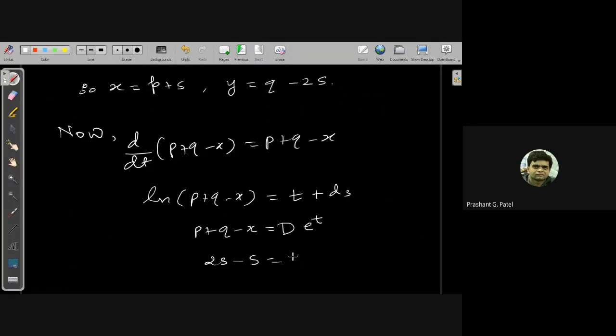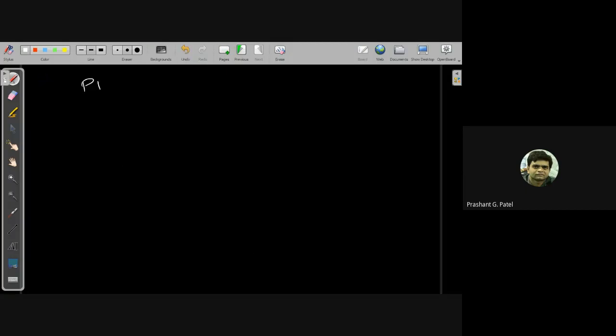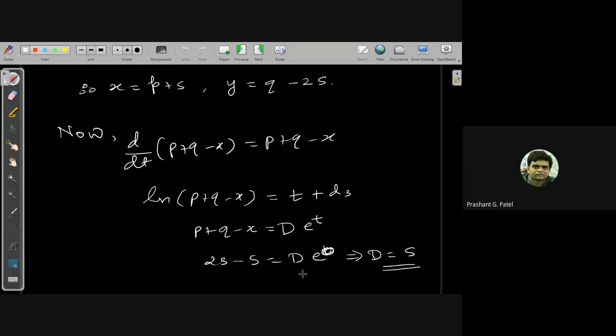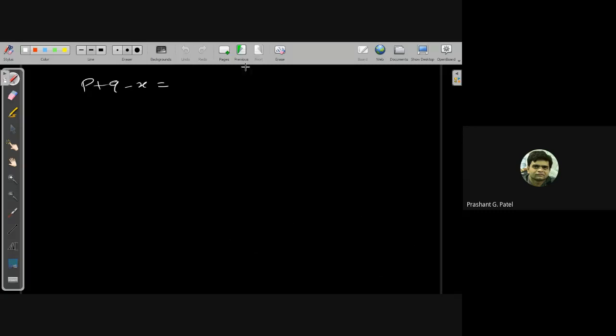So s = D e^0, which implies the value of D is s. Therefore we got p + q − x = s e^t.